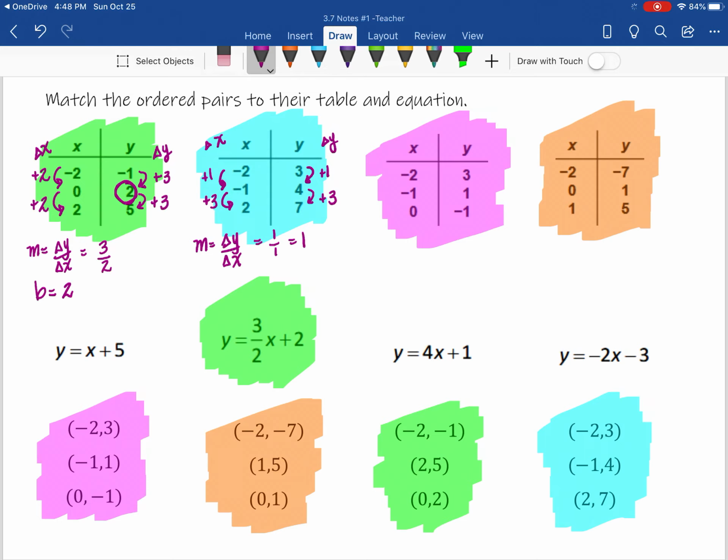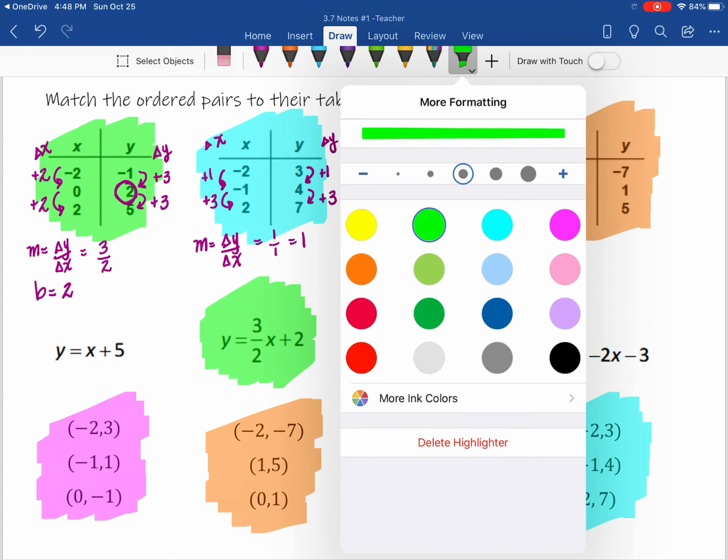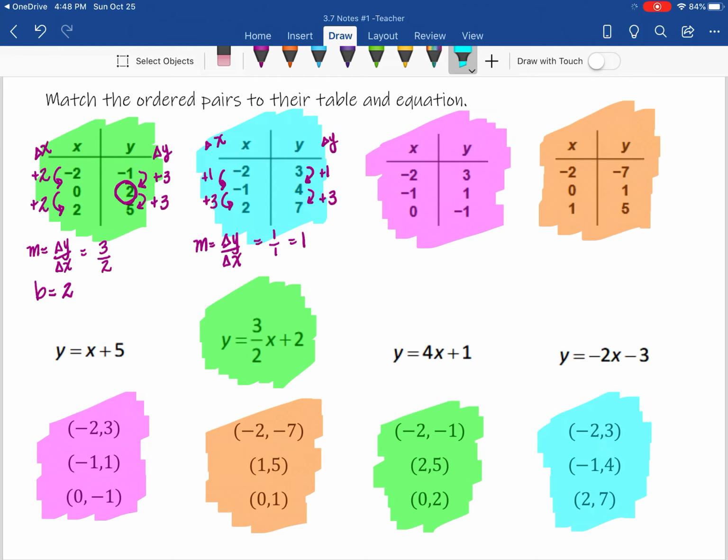So we don't have our y-intercept actually in the table, but I think we have enough information with the slope to match the appropriate equation. Okay, so if I look at my equations, which one of these has a slope of 1? Well, this one has a slope of 1. y equals 1x plus 5. Okay, and that is the one that matches our equation.